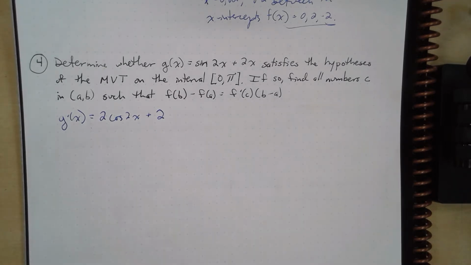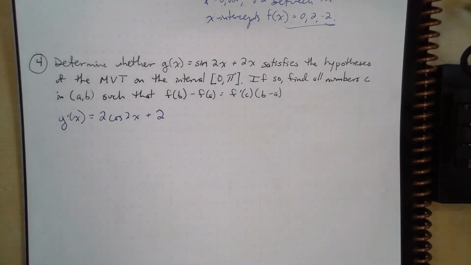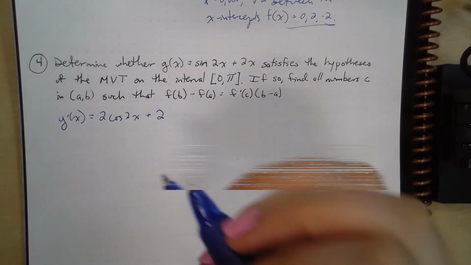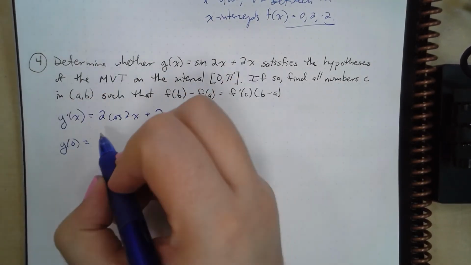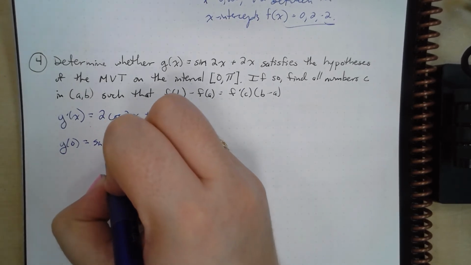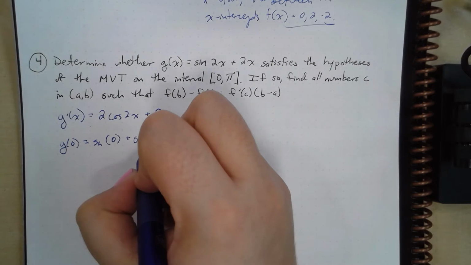Okay, one second here. All right, so now we're going to need to find our average rate of change from 0 to pi. So we need to determine what g of 0 is. So g of 0 is equal to sine of 0 plus 0, which equals 0.